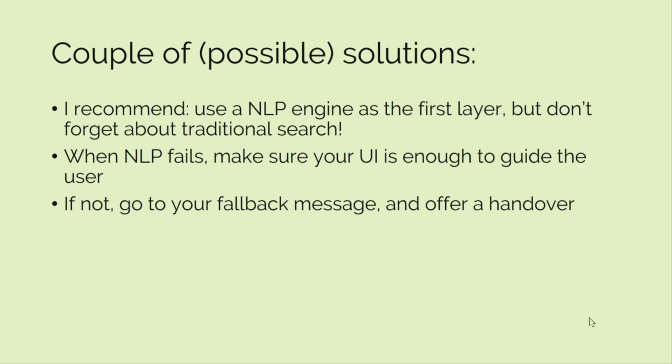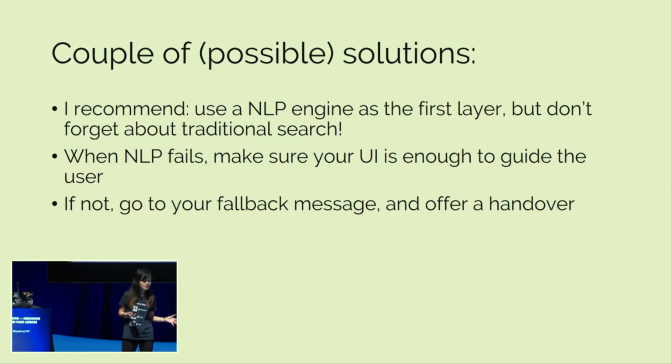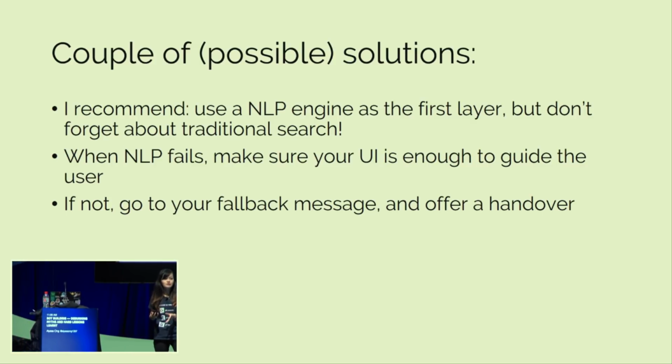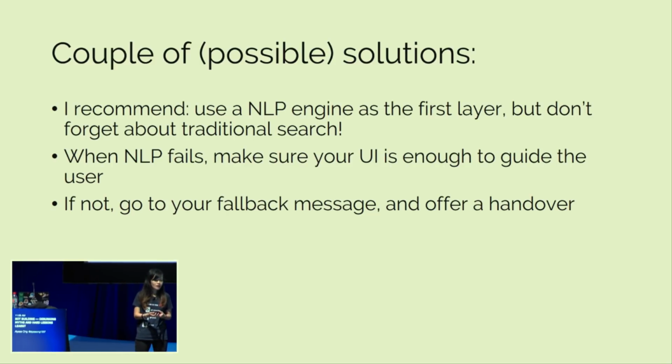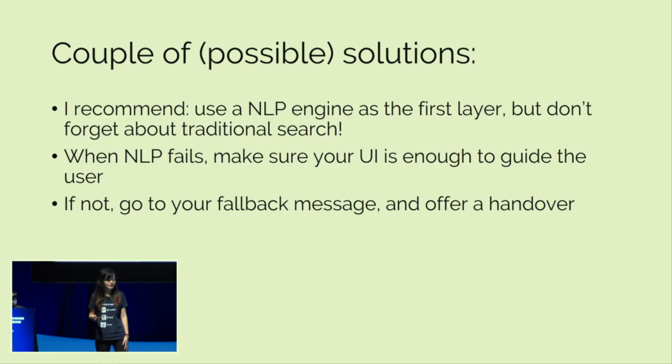So some possible solutions you could do to get around this is to use NLP as your first layer, but don't forget about traditional search. This means Azure Search, Elasticsearch, sometimes just indexing your knowledge base and answering questions through Elasticsearch can be super effective.